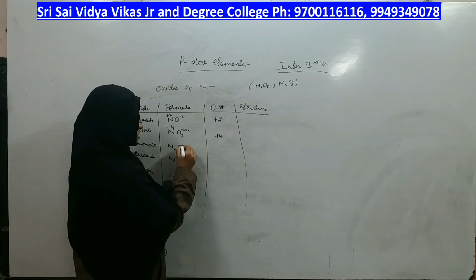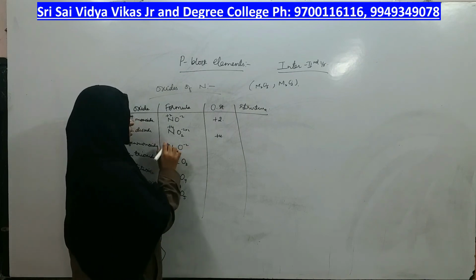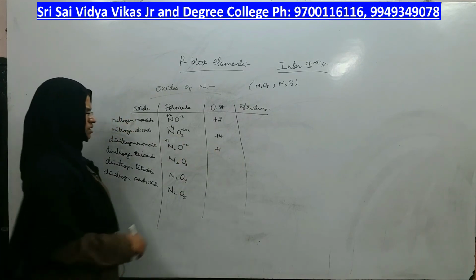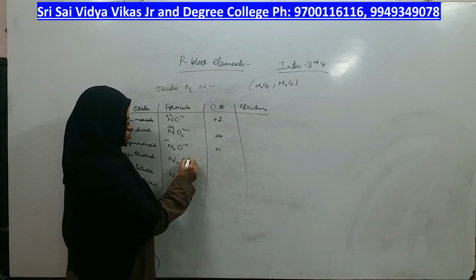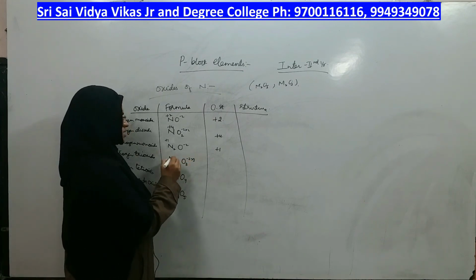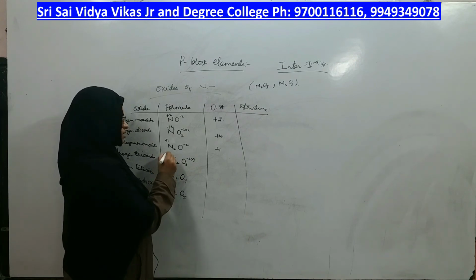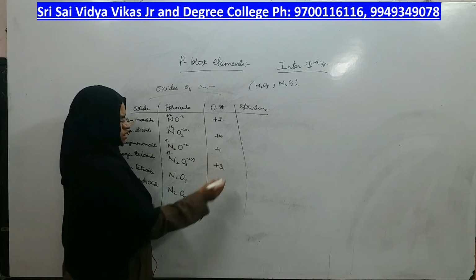On each oxygen -2, that means on nitrogen +1, +1. So on each nitrogen the oxidation state is +1, right? On each oxygen -2 into 3 is -6. On this side will be +6. Like that, how many nitrogen? +3, +3. So just write each nitrogen has +3 oxidation state.